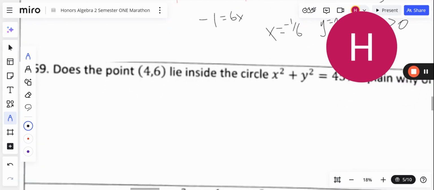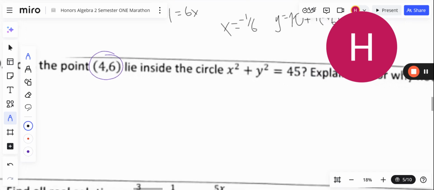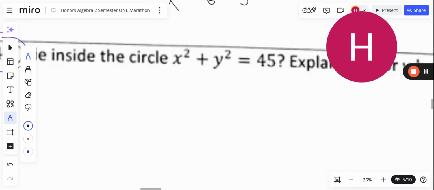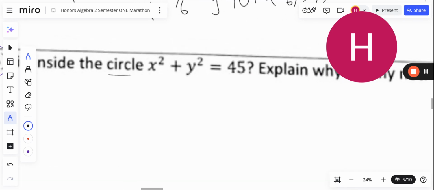Speaking of quadrants, does the point 4, 6 lie within the circle of x squared plus y squared equals 45? This is very interesting. It's a circle, right? Centered at 0, 0, and the radius is the square root of 45, which we can say is the square root of 9 times the square root of 5.